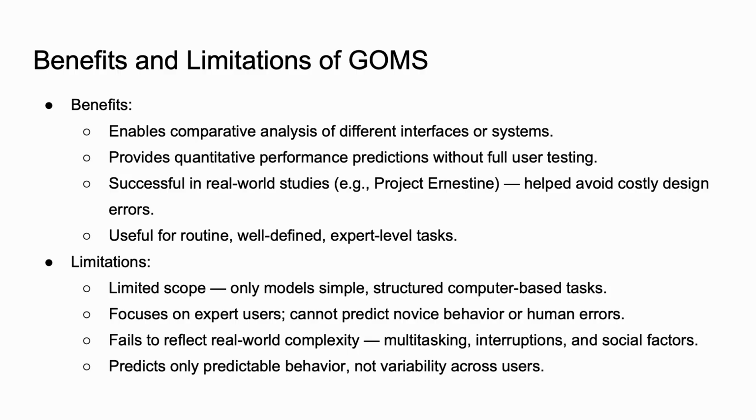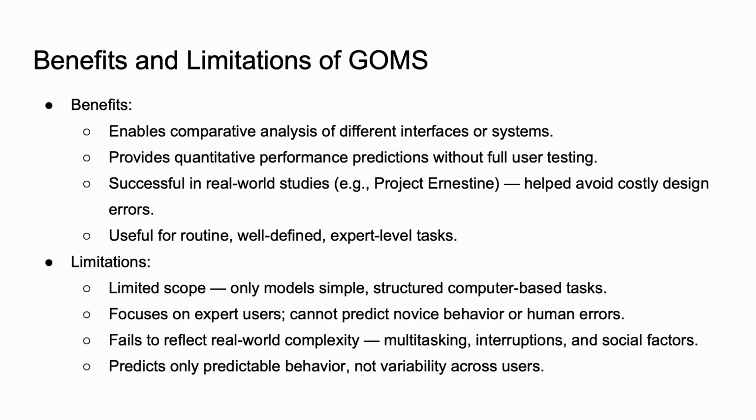For instance, in Project Ernestine, researchers used GOMS to show that a proposed workstation design would actually slow operators down, saving the company from a poor investment. However, the model has limitations.